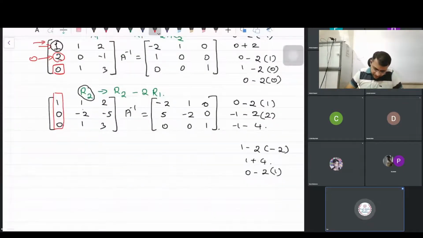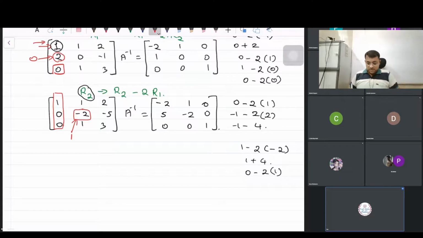I have to first convert this element into 1, so that with the help of this element I can convert the above and the below elements into 0. We all know a simple idea is to divide by the same number. But guys, I really wish to avoid the fractions because fractions are not difficult, but there are chances that we will make a mistake.